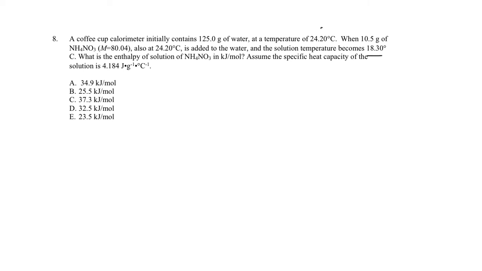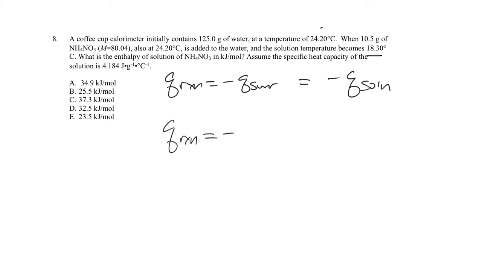Okay, so here's how I might approach this problem. Q reaction is always the opposite of its surroundings. Here the reaction surroundings is the solution it's taking place in. Now my Q reaction is the negative of the solution.